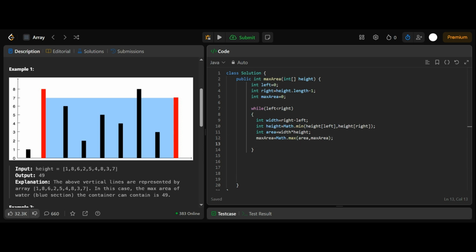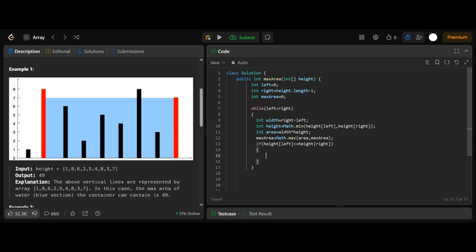After we're done, you need to remember we need to move the pointers. Now these pointers move under a condition. So the condition is very simple. If the height of my left is lower than the height of my right, so in our case we have considered even if it's equal, we have moved the left pointer forward.